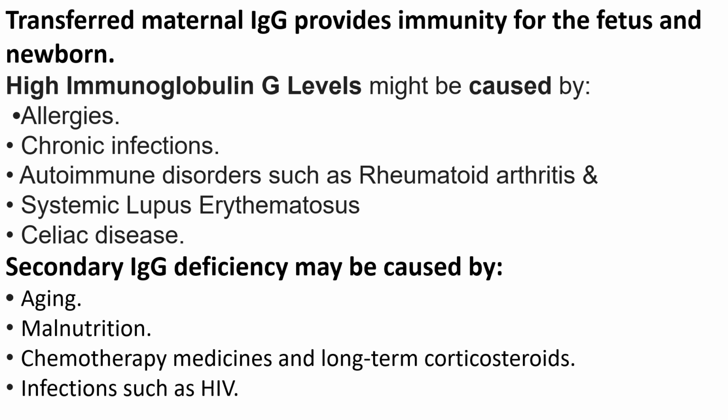Secondary IgG deficiency may be caused by aging, malnutrition, chemotherapy, the long-term use of corticosteroids, or infections like HIV, the human immunodeficiency virus.